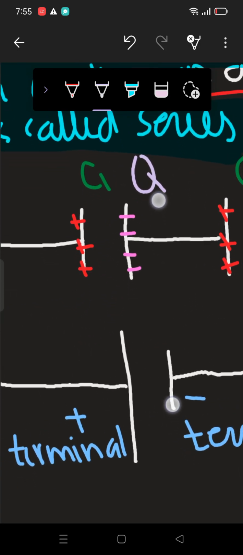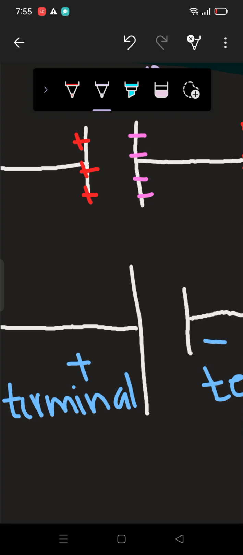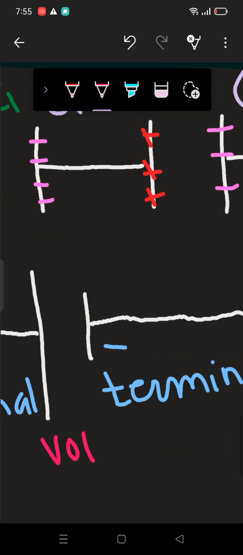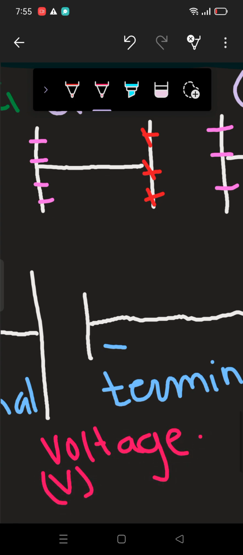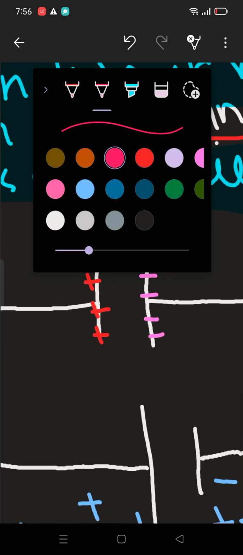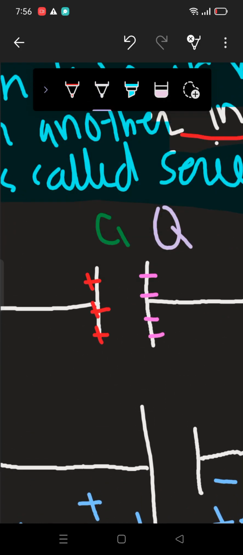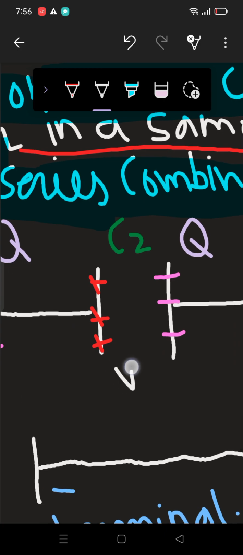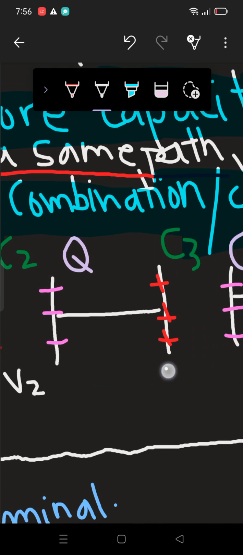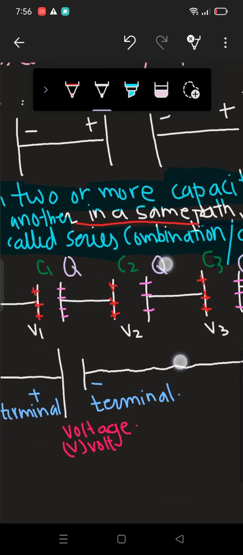And here we have provided the potential difference V volt, so the capacitors will have V1, V2, V3.